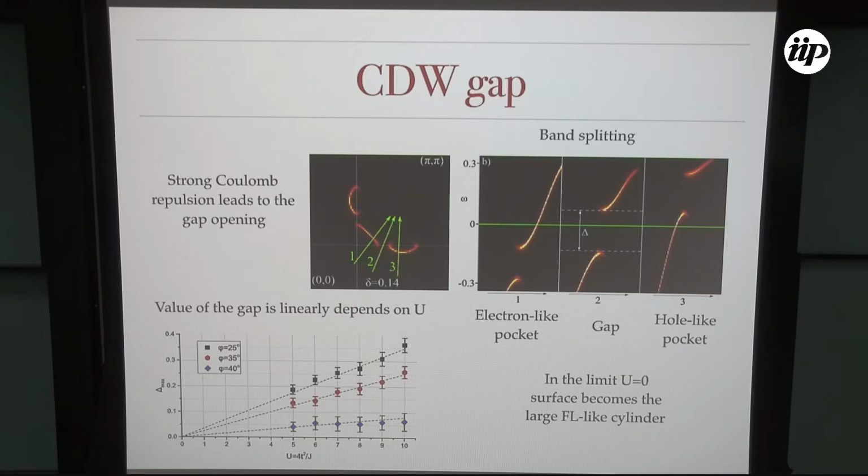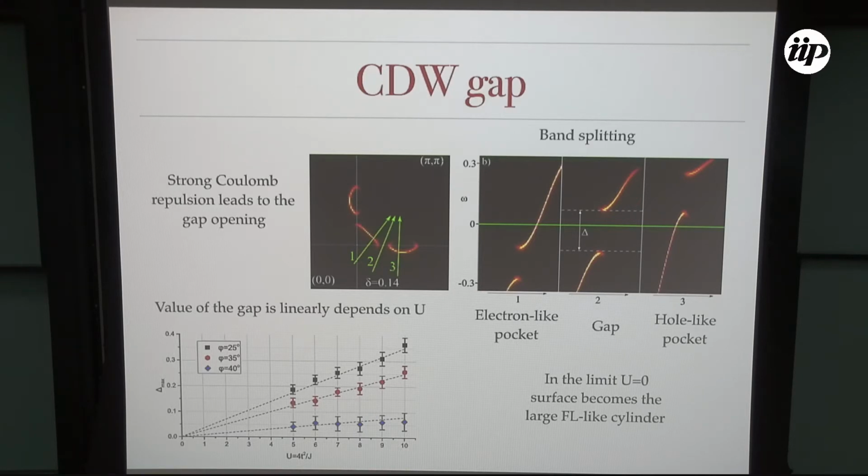The first direction is across the electron pocket, and you can see that the gap lies above the Fermi level. The second slice crosses the breakpoint, and at the breakpoint a gap is opened. The third slice corresponds to the hole pocket, where the gap lies above the Fermi level.